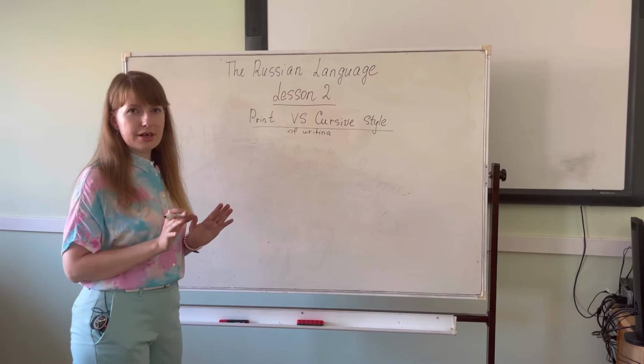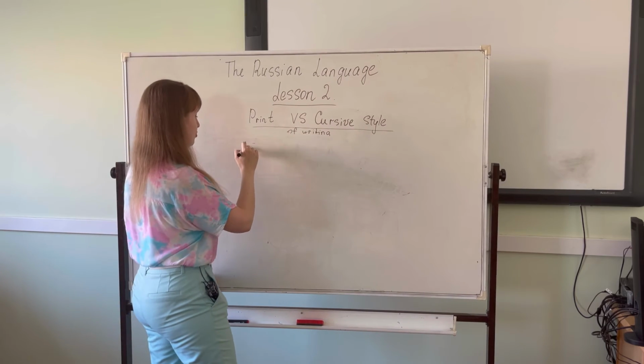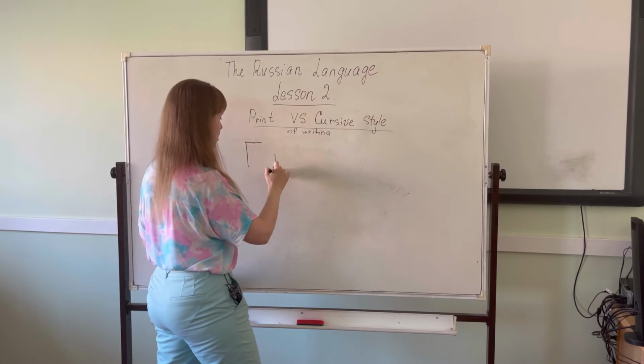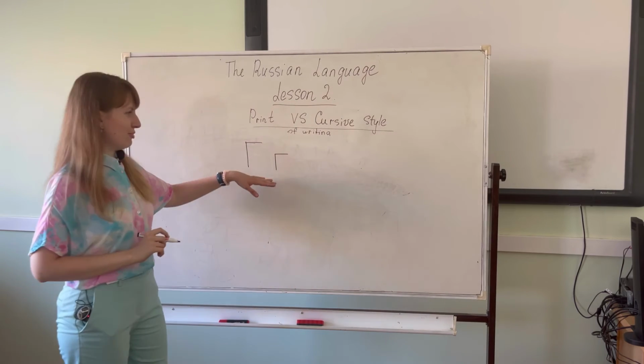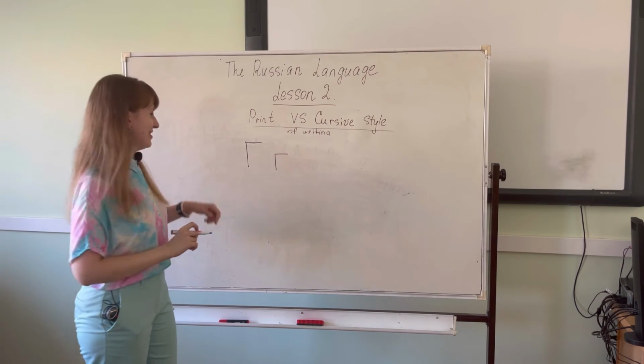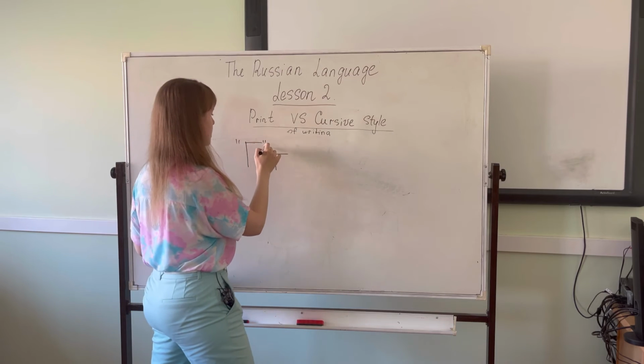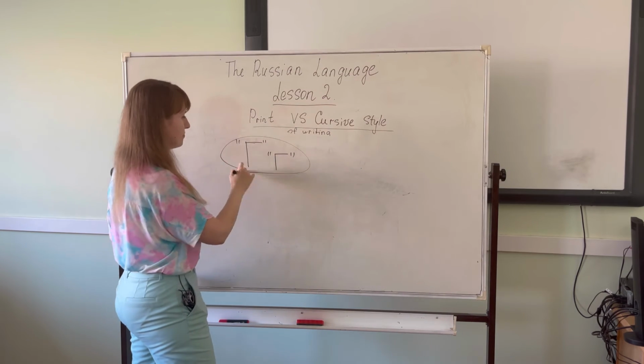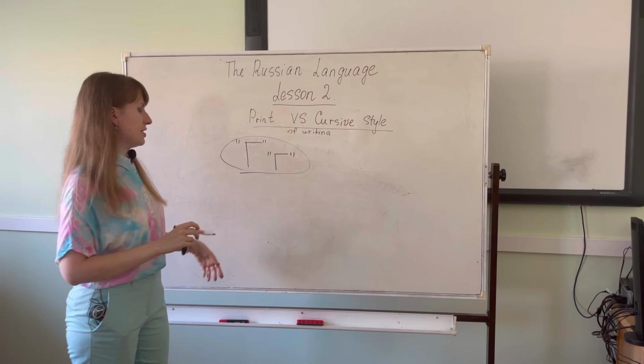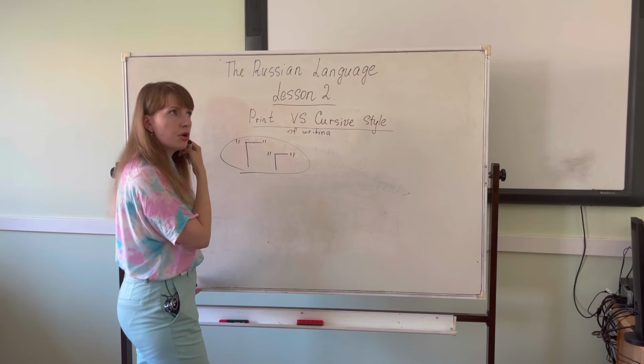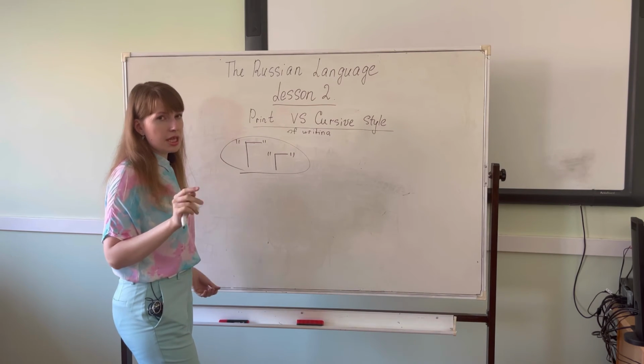So the next letter is Г. Do you remember this funny, weird gun-shaped print-style Russian Г? Yeah, so this is the print-style Г. And as for the cursive style, I will show it for you. It's very easy.